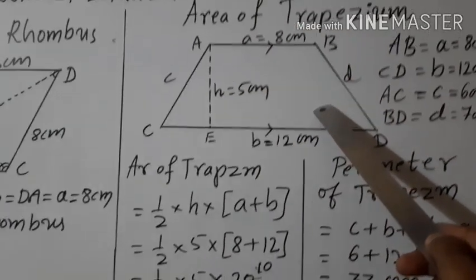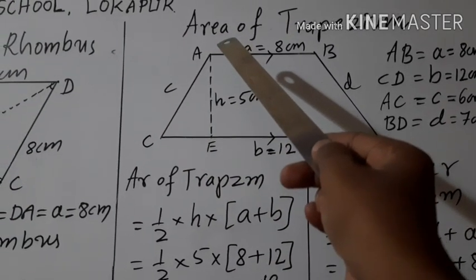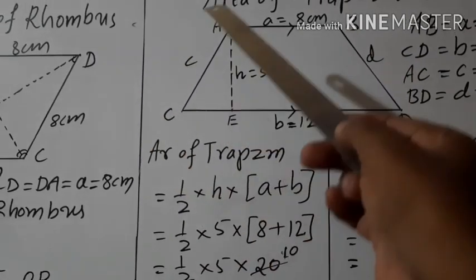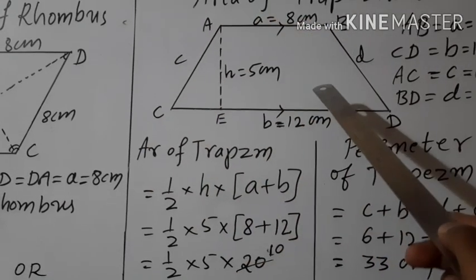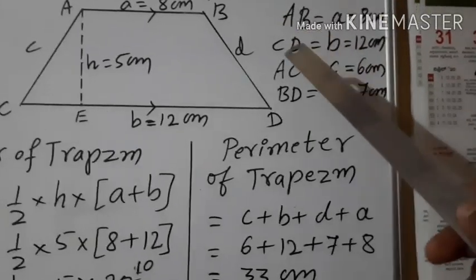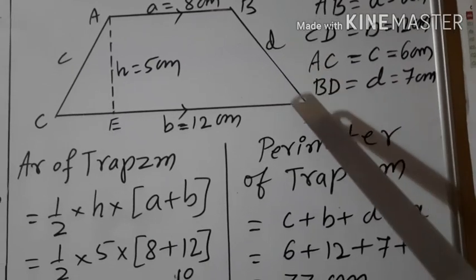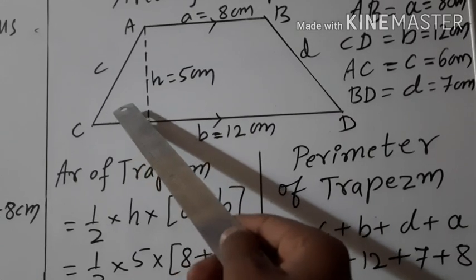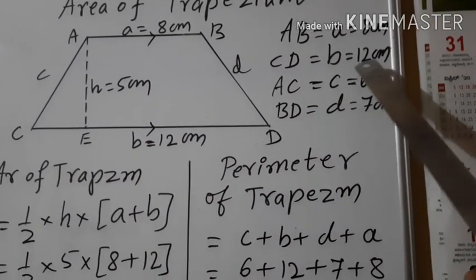But what do we mean by perimeter of the trapezium? Perimeter means the sum of all four sides. That is AB plus BD plus DC plus CA. Or one full round length of an object is called perimeter. Here children, I will take AB as a unit, BD as d units, DC as b unit and CA as c unit. Here AB is 8 centimeter and CD is equal to b is equal to 12 centimeter.